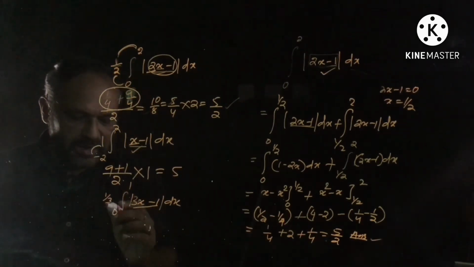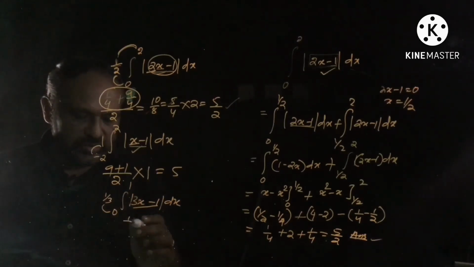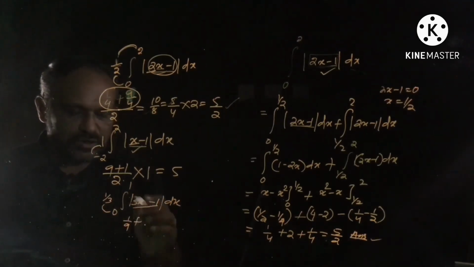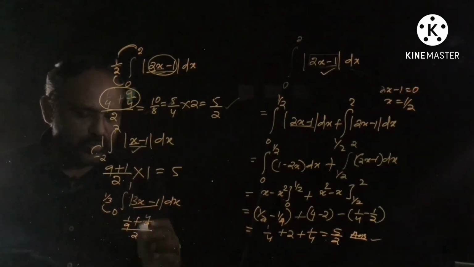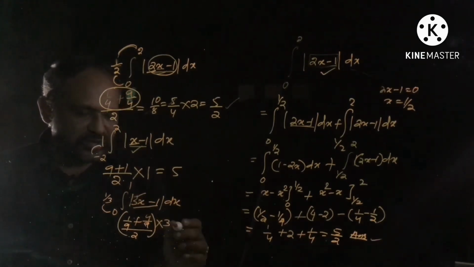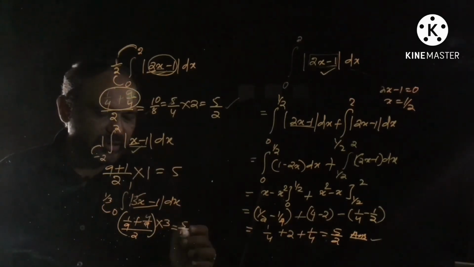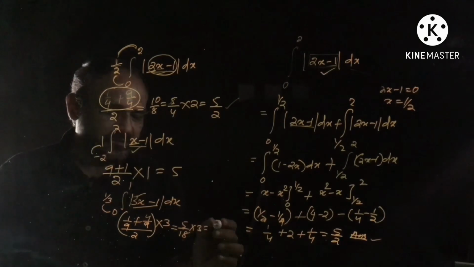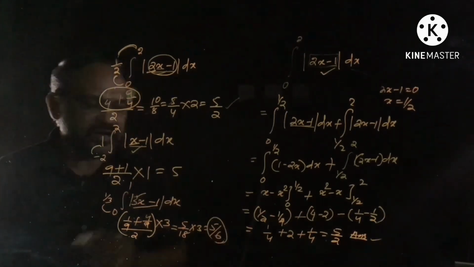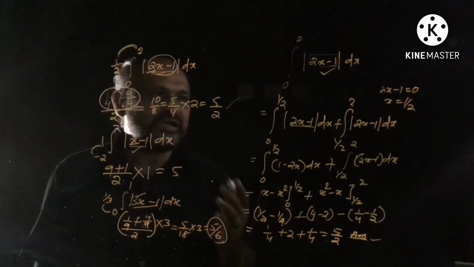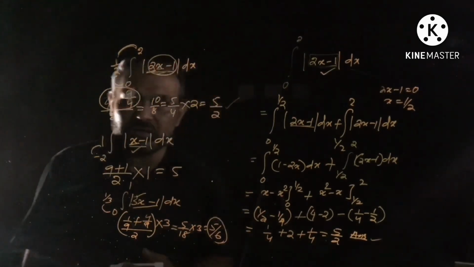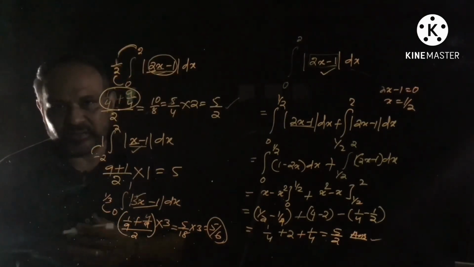Find out the square of difference of these two, that is 1 by 9, plus square of difference of these two, 4 by 9, divided by 2, whole into coefficient of x, that is 3. So this is equal to 5 by 9, 5 by 18 into 3. So answer is 5 by 6. So this is the technique how we evaluate the integration of a modulus function without integrating.